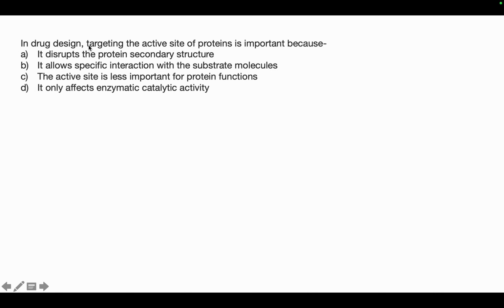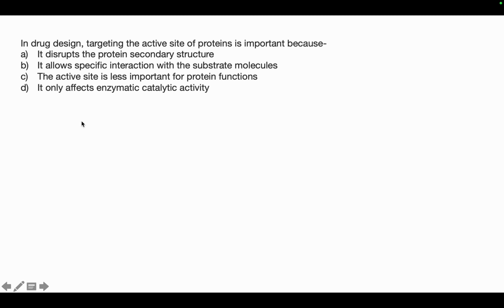In drug design, targeting the active site of protein is important because it allows specific interaction with the substrate molecules. So it is very important to target the active site because that's the site where the substrate will interact the most. So it would be better to have a specific interaction.